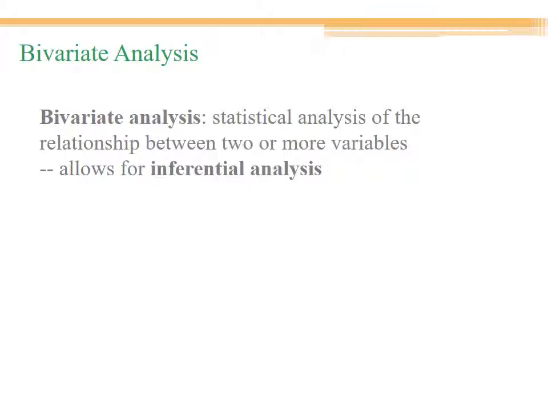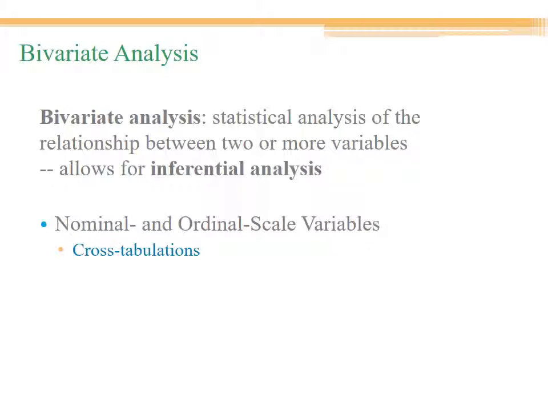Let's take a look now at bivariate analysis. So as you might guess, a bivariate analysis is a statistical analysis between two or more variables. So bivariate analysis is where you begin to test your hypotheses. The univariate analysis is much more descriptive, while bivariate is more inferential, if you'll remember those terms from the previous presentation. So in your hypothesis, you're asking what's the relationship between two variables. Does the independent variable result in change in the dependent variable?